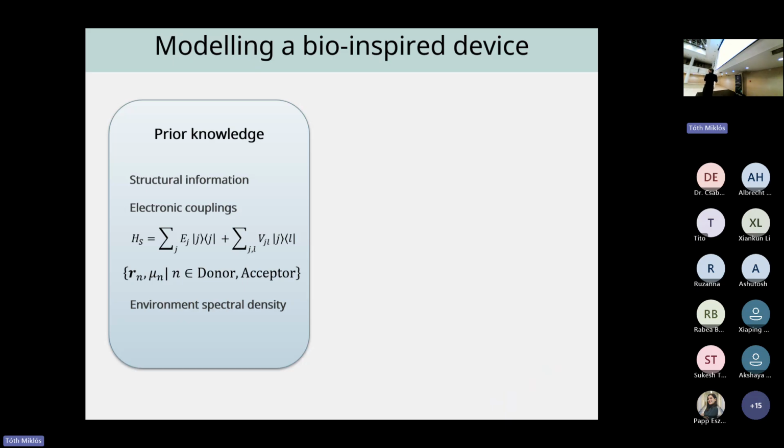So instead, how would we want to model a bio-inspired device? We will need some prior knowledge for this. So for example, the structure of the dyes, the structure of the light harvesting complexes that we want to use, and the electronic couplings between the sites, right? And the positions and the dipole moments of the acceptors. However, what we really don't want to do, because it's hard, is to fully characterize the environment spectral density, but instead rely on a set of limited experimental data.